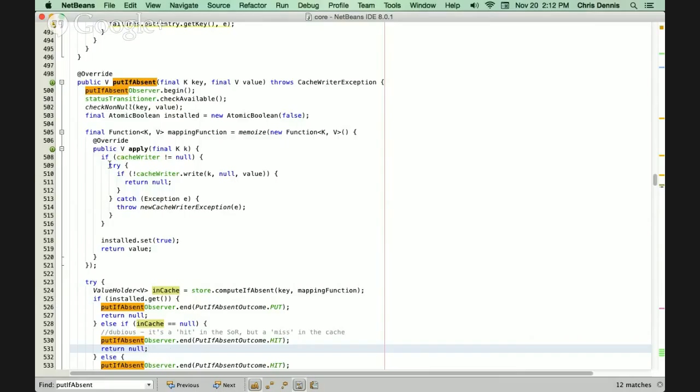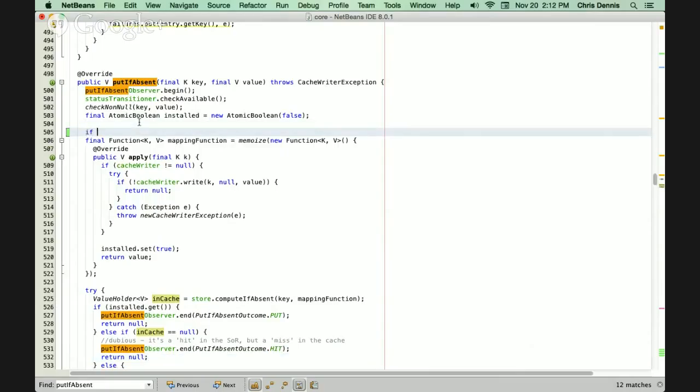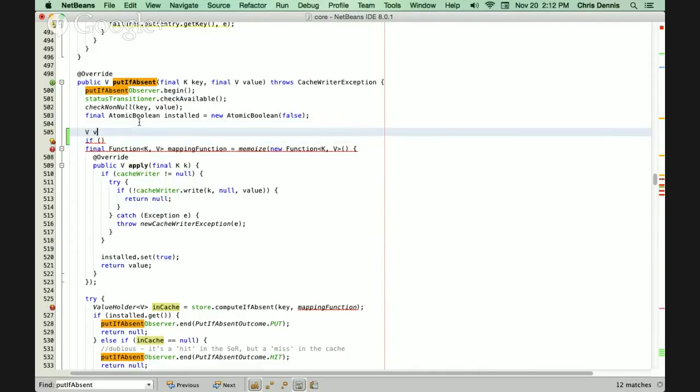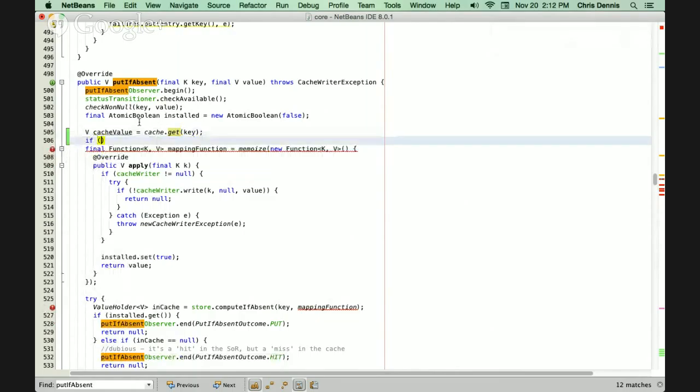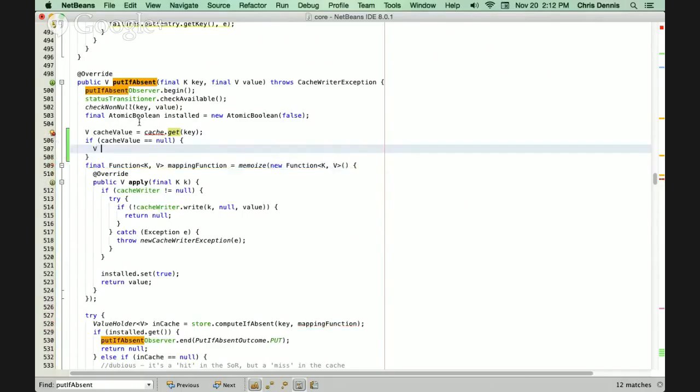So if I write out in pseudocode what we currently have, it is something like this. cache.get(key). Oops, sorry, I want to put in brackets there. And then if the cache value is null, then we go, oh, let's ask the system of record value.